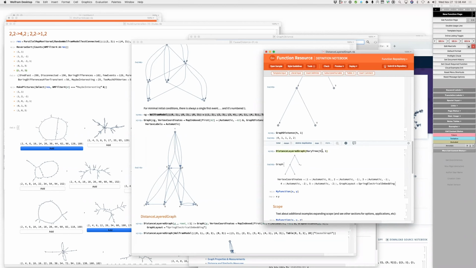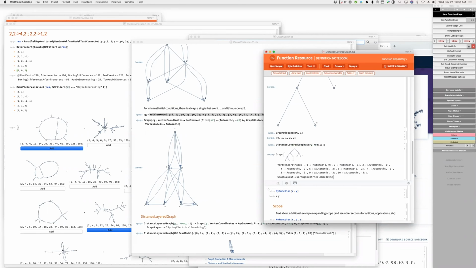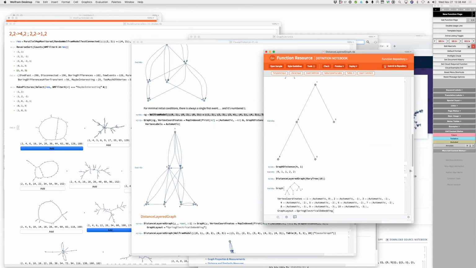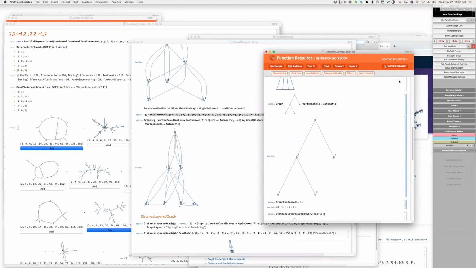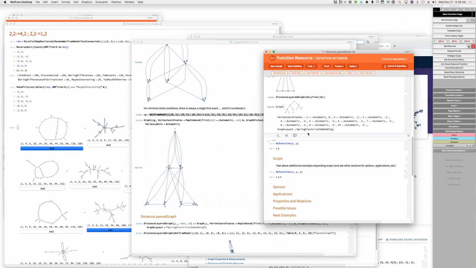What the hell is wrong here? Vertex coordinates, those look perfectly reasonable, right? I think so. Is there something that Spring Electrical Embedding is just unable to deal with there? I don't see why. What's another type of graph we could just play with?